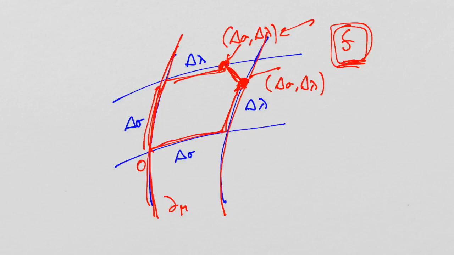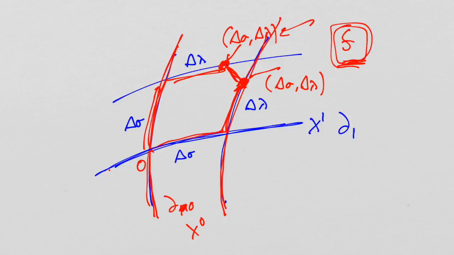If this is the coordinate curve in space-time, say the x0 coordinate curve, its basis vectors are partial 0. If this is the x1 coordinate curve, its basis vectors are partial 1, right?